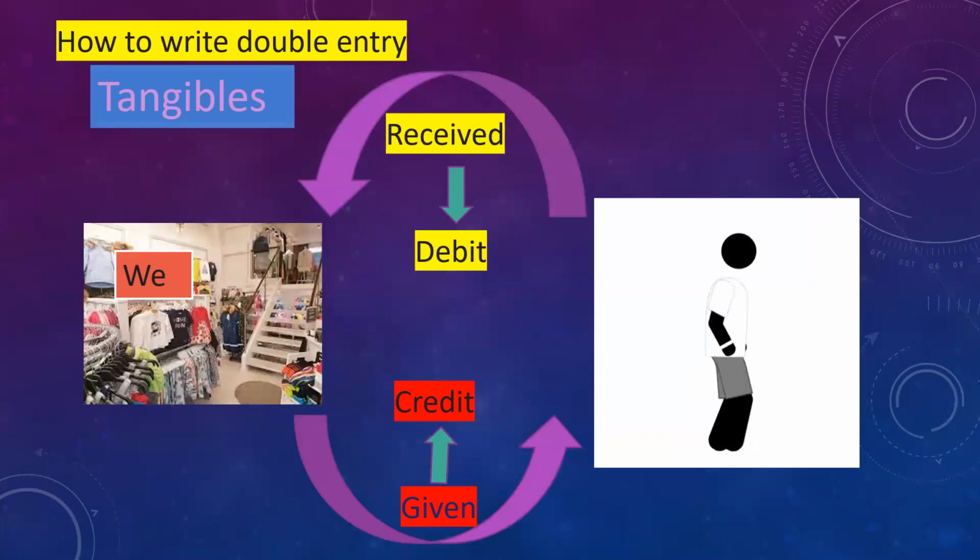Cash means cash received debit to cash account, cash given credit to cash account. Vehicle means vehicle received debit to vehicle account, vehicle given credit to vehicle account. Furniture received debit to furniture account, furniture given credit to furniture account, right?